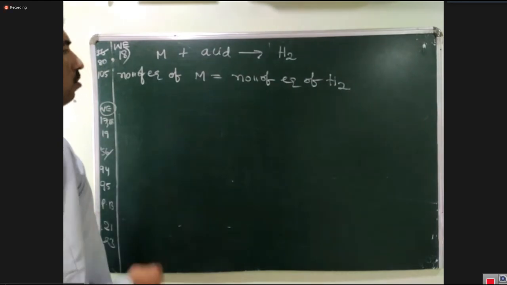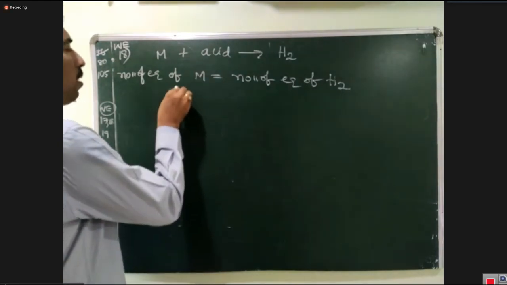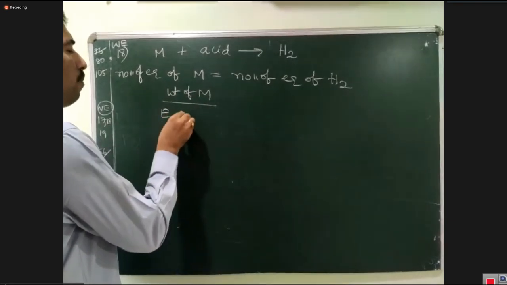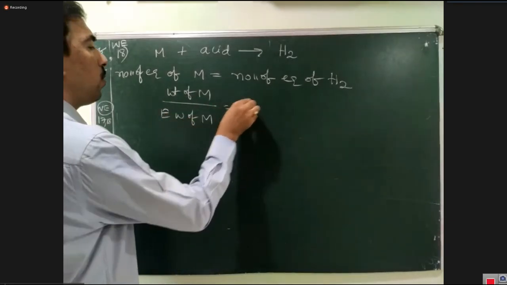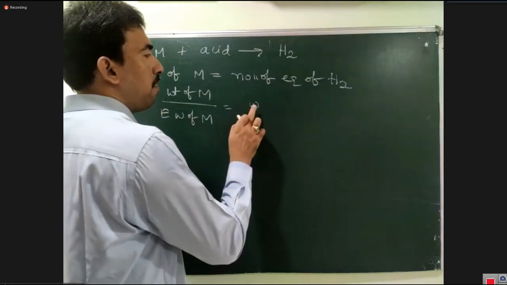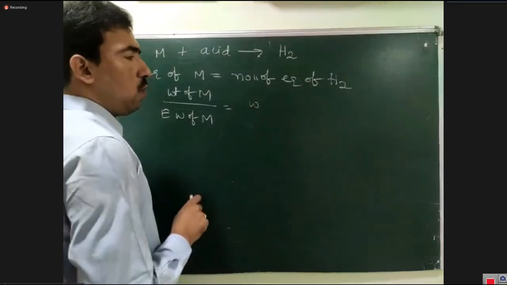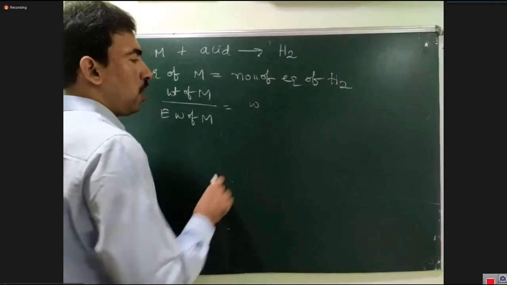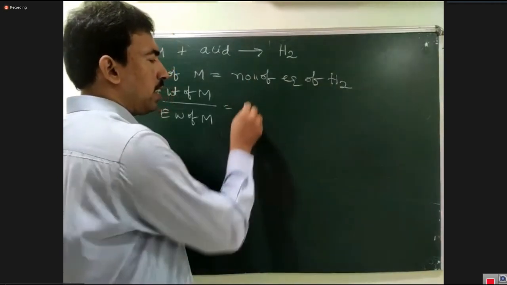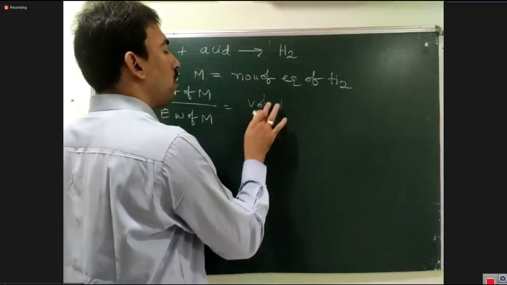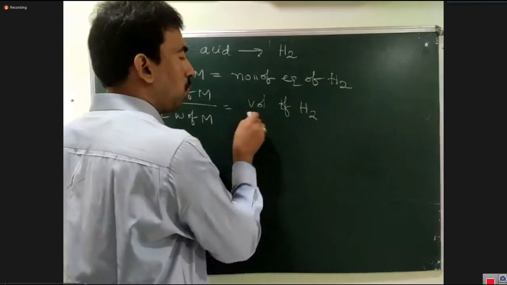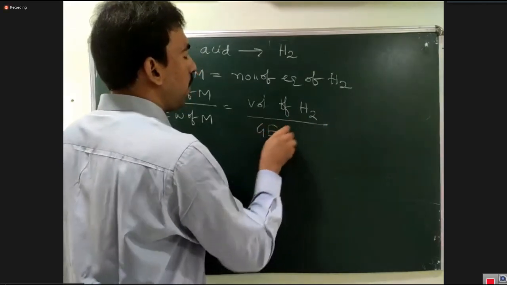Number of equivalents means weight of metal by equivalent weight of metal. Here weight of hydrogen is not given. Volume is given. When volume is given, number of equivalents can be calculated as volume of H2 by gram equivalent volume.